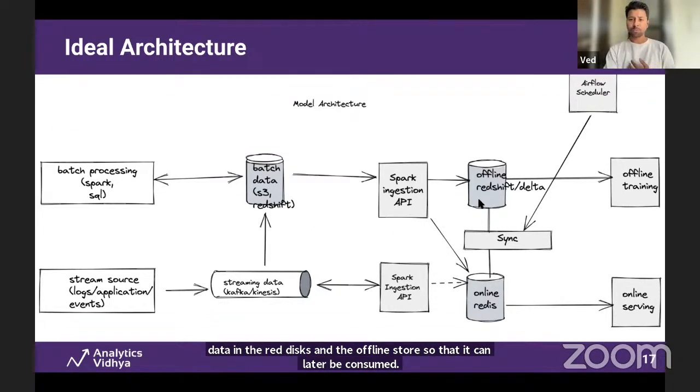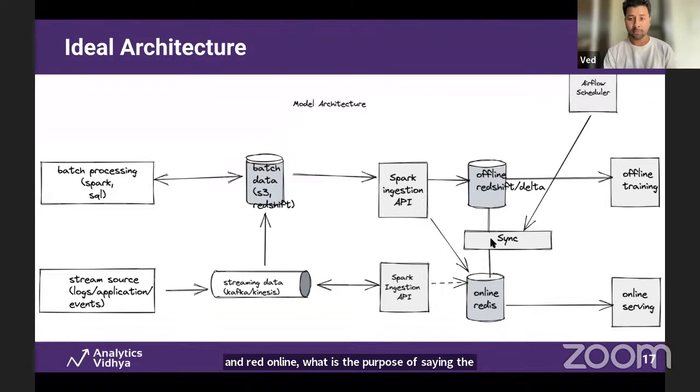And if you notice, there is a sync between offline and online. What is the purpose of the sync? The sync ensures that the data observed in offline and online remains exactly the same. It should not happen that offline has one kind of data and online has different data.